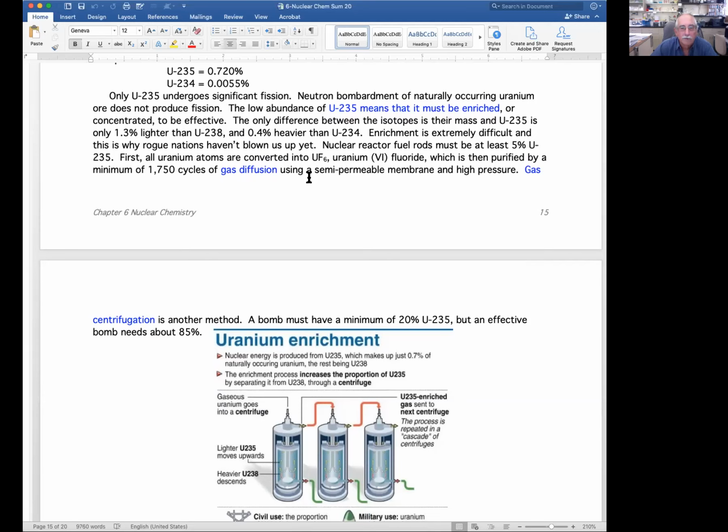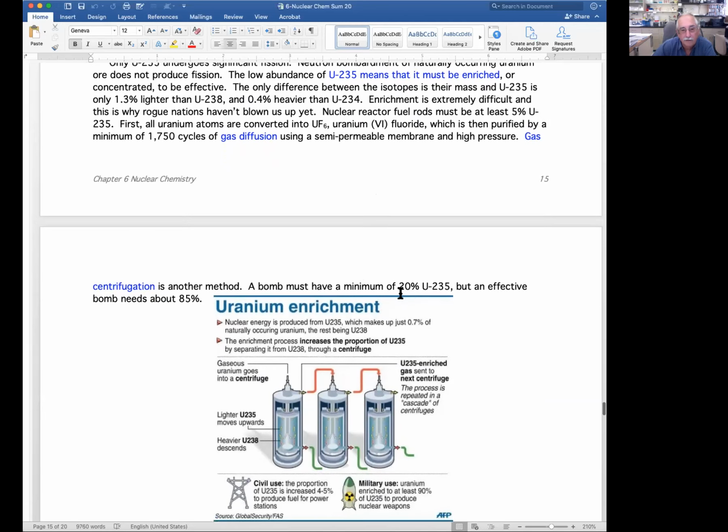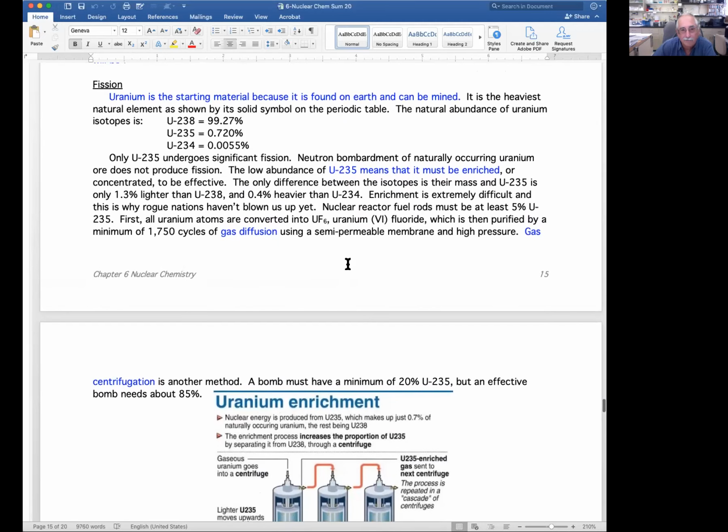You're going to have to put this through gas diffusion at least 1,750 cycles before you get anywhere near enough enrichment to do anything. So a bomb would need to have at least 20% uranium-235, but an effective bomb needs about 85%, and you're starting out with only 0.7%.